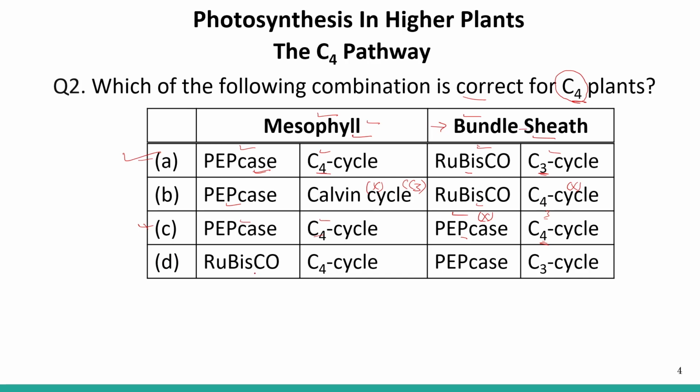Option D is Rubisco and C4 cycle. Again, not correct. Rubisco is not present in mesophyll cells. In this option also, PEP carboxylase is not present in the bundle sheath cells, and it is not involved in the C3 cycle. So what should be the answer? Option A is the correct answer here.